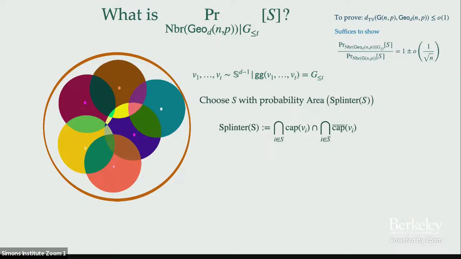So the splinter for S is the area that lands in all the sphere caps with centers inside S, and not in the sphere caps with centers outside S.